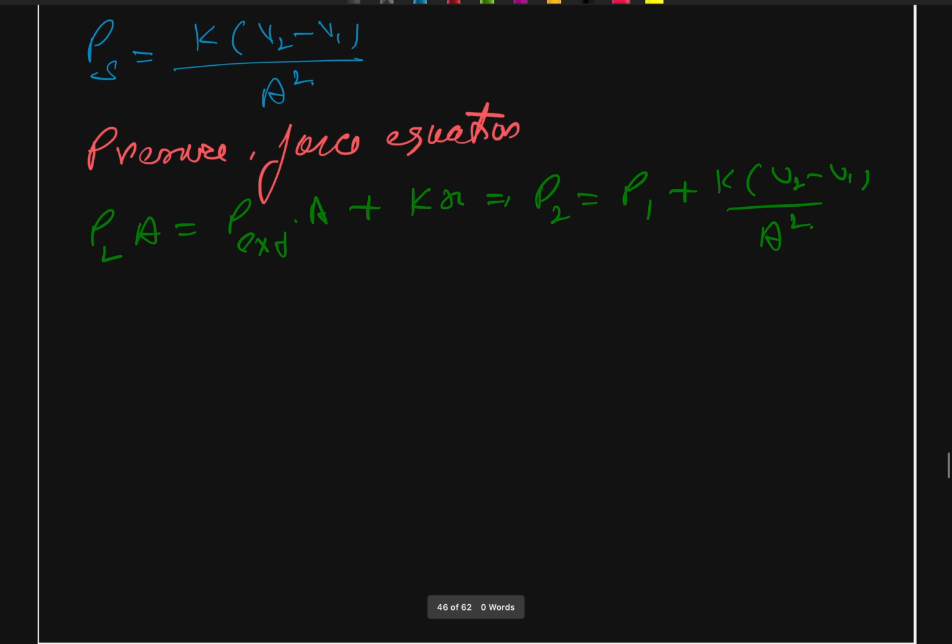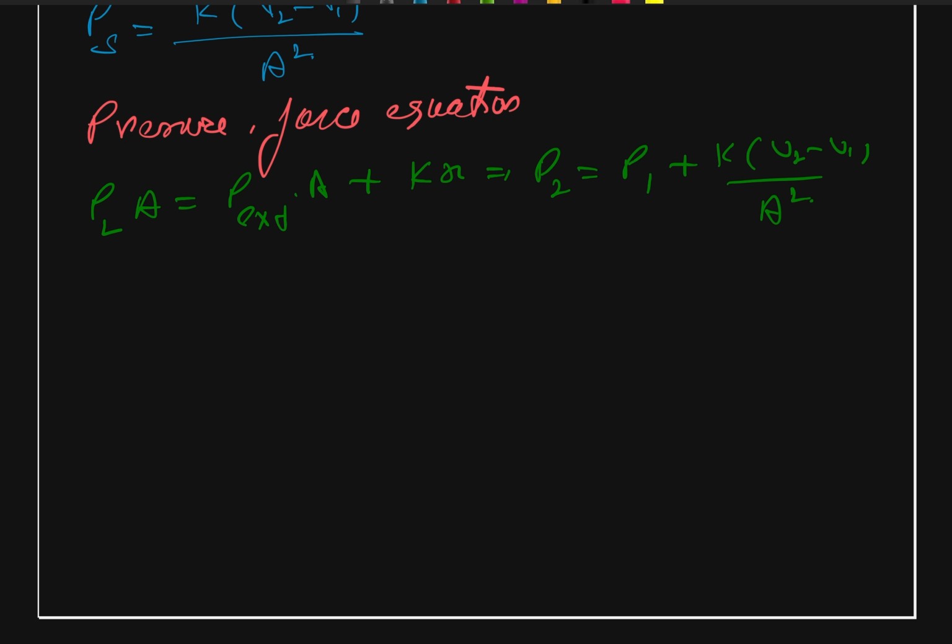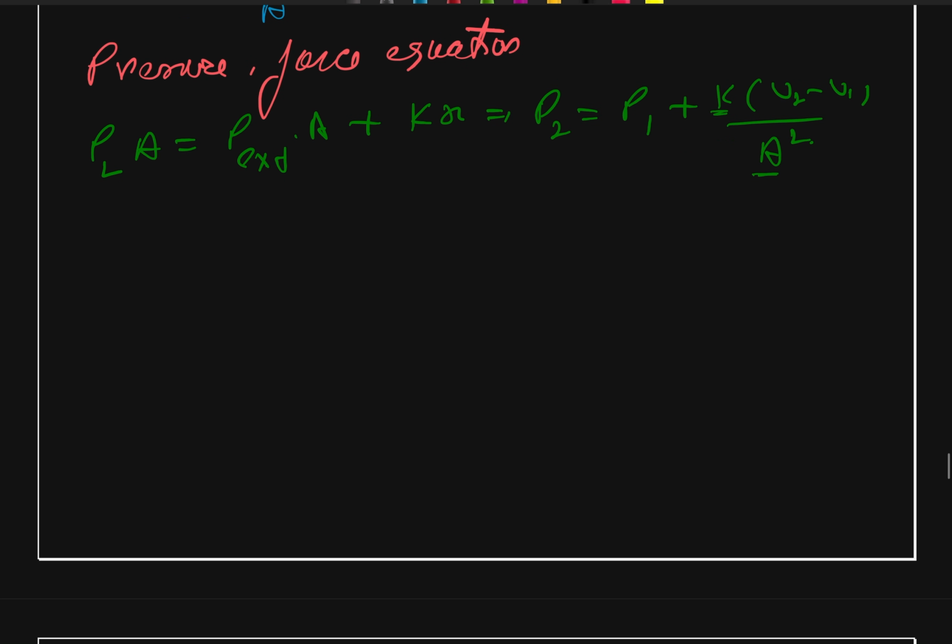Because k is a constant and the area A itself is constant, we can write that P2 is equal to P1 plus a constant K times V2 minus V1, where this constant K is equal to k upon A square. And now let us evaluate each of the options. So we are given option A.